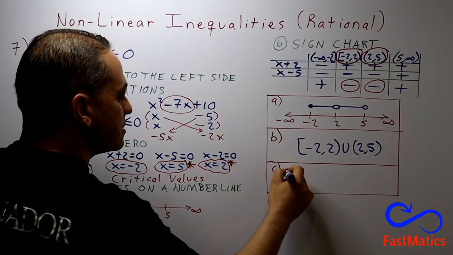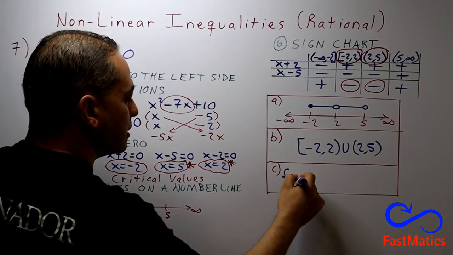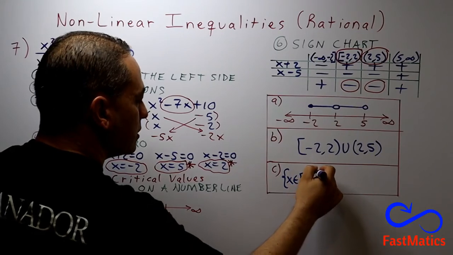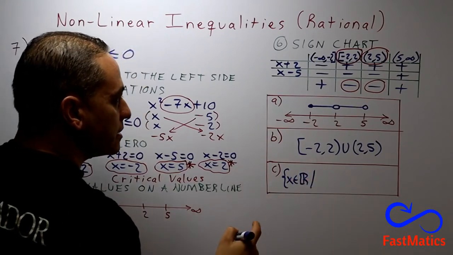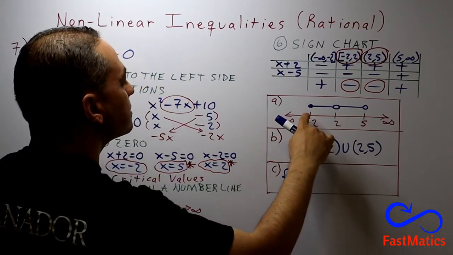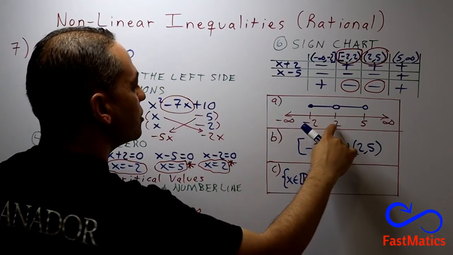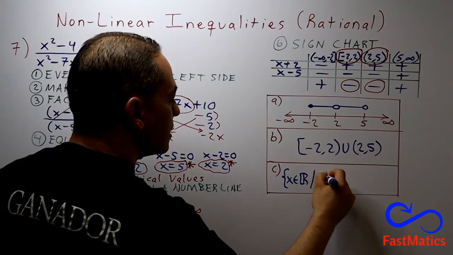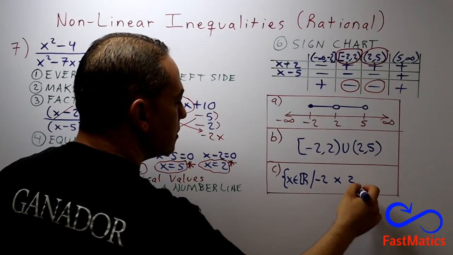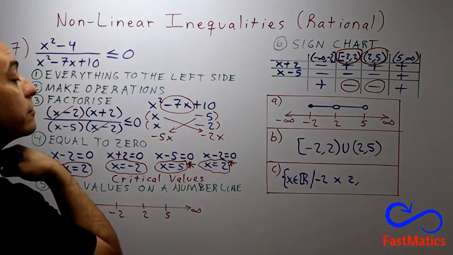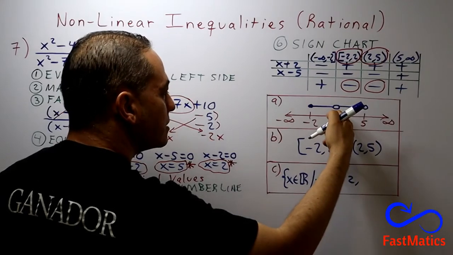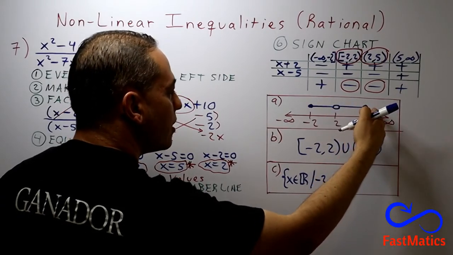Finally, the set of numbers that are elements of the real numbers such that, if the line begins with negative 2 and finishes with 2, you put negative 2, x in the middle, and 2 on the right side. And after that, the line begins with 2 and finishes with 5.